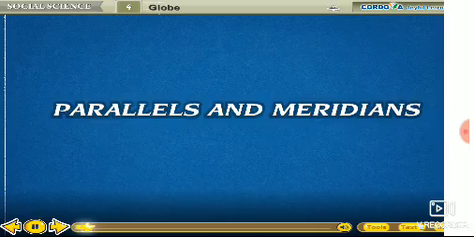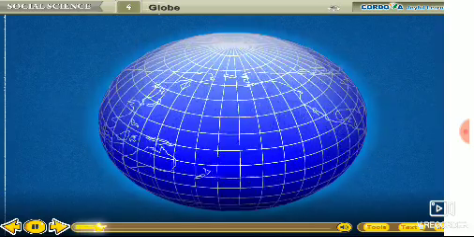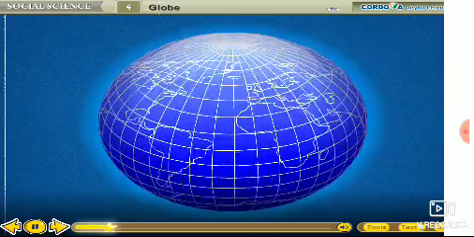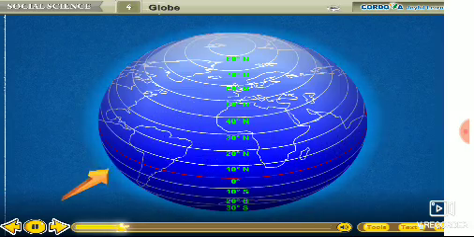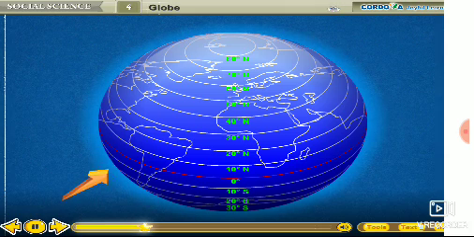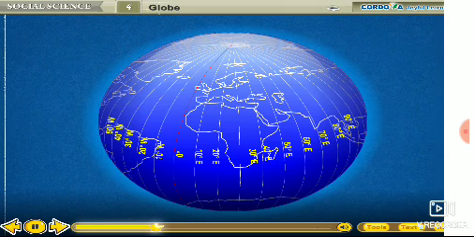Parallels and meridians. A globe has two types of circles. The first type of circles run from west to east and are parallel to the equator, and are called parallels or latitudes. The second type of circles run from north to south and pass through the North Pole and the South Pole.